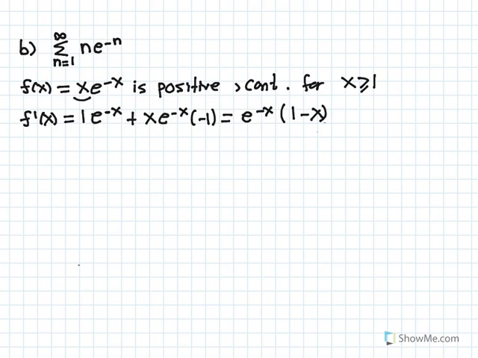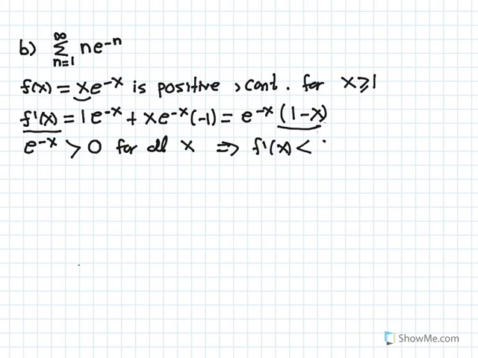Now it's clear that the exponential function e to the minus x is always positive. It's always larger than 0 for all x. So the only way that f prime of x will be negative is if 1 minus x is negative. So if the derivative is negative, that implies that 1 minus x must be less than 0.